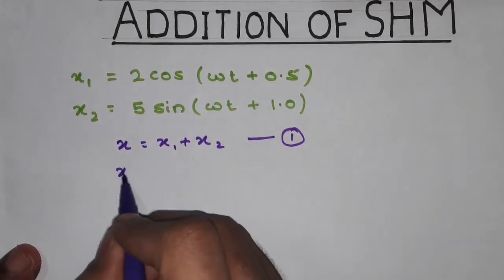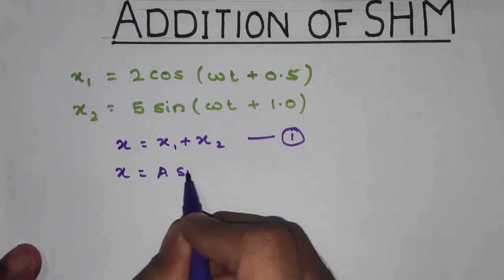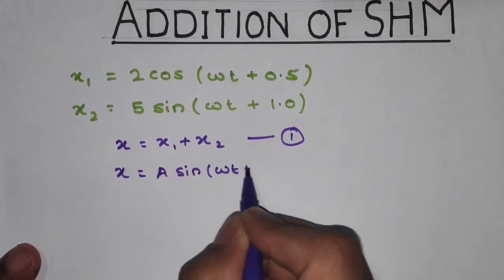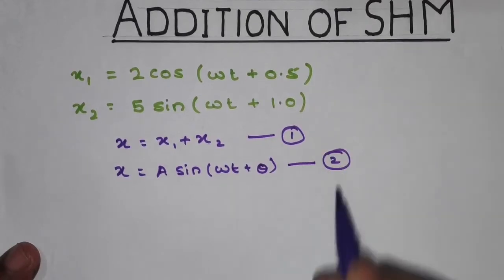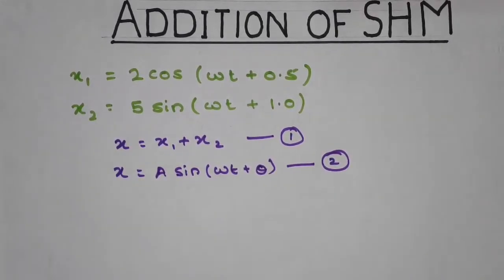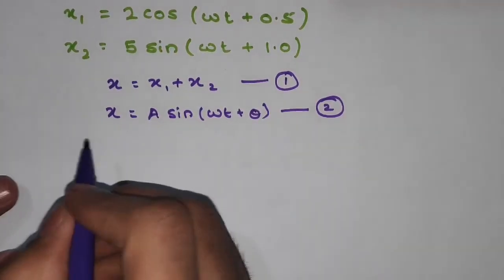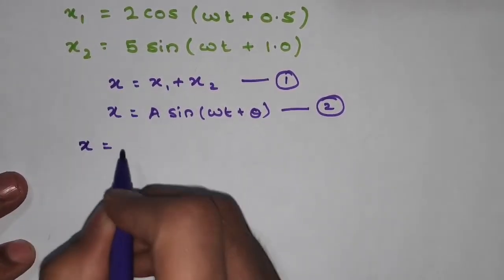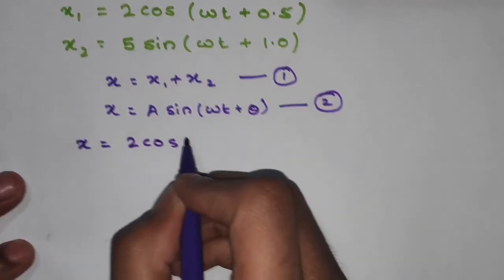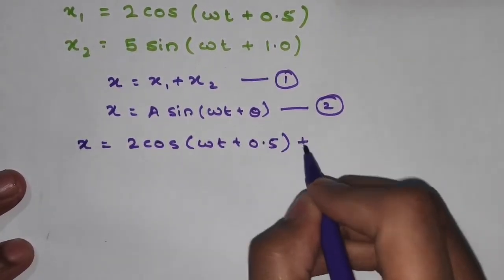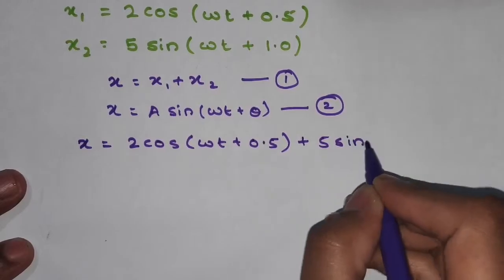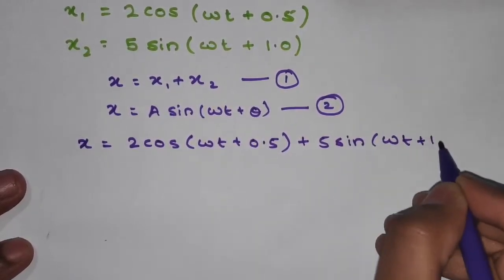Also we know that x = A sin(ωt + θ). So this is equation number 2. From equation number 1, x = 2 cos(ωt + 0.5) + 5 sin(ωt + 1).